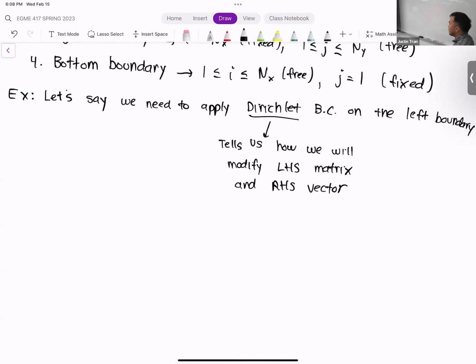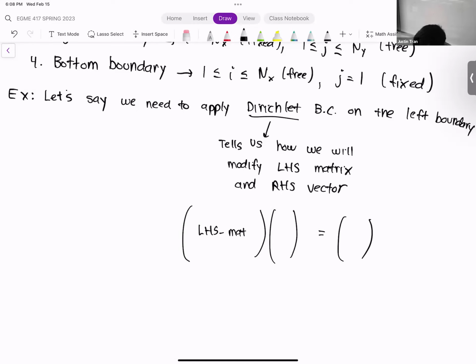Because remember, ultimately, when we apply our finite difference equations and our boundary conditions, we're going to get a system of equations like this. So this is the left-hand side matrix, and this right here is the right-hand side vector. When we apply our finite difference and boundary conditions, ultimately that's going to make changes to the left-hand side matrix and right-hand side vector.